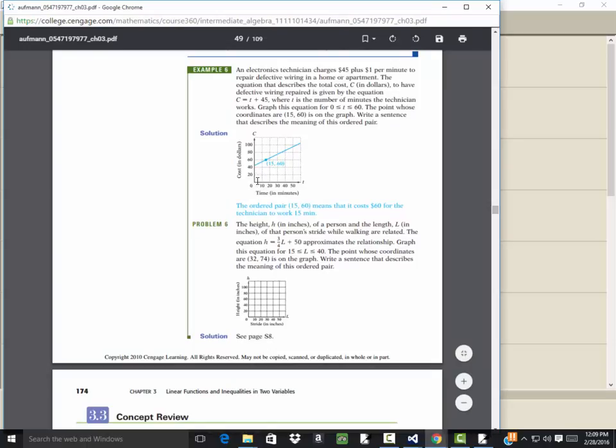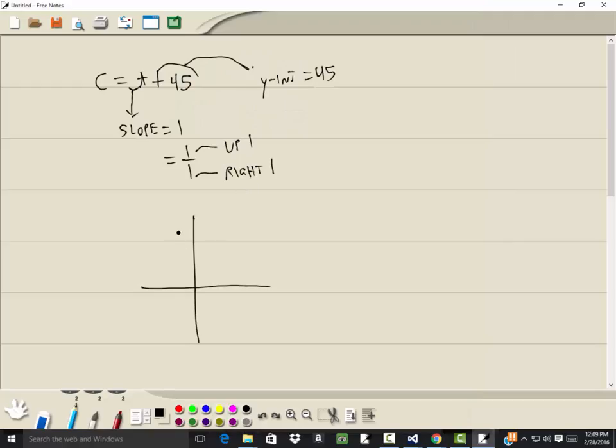What do they have it going up to? 100? If you're doing this by hand, then you kind of guesstimate it as well as you can. Okay, 55 or 45, and this would be 25, and this would be 75.